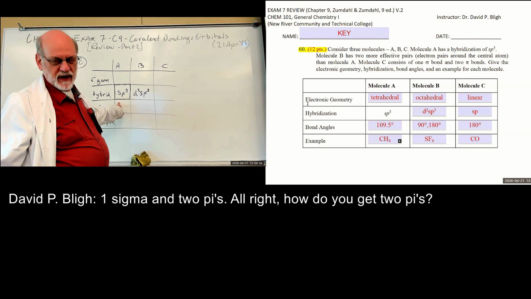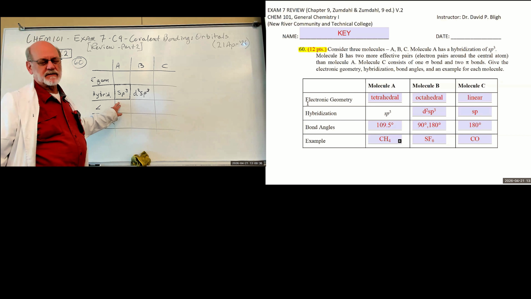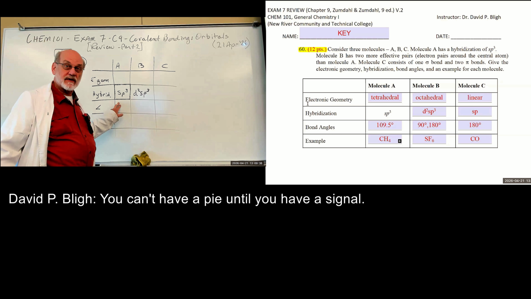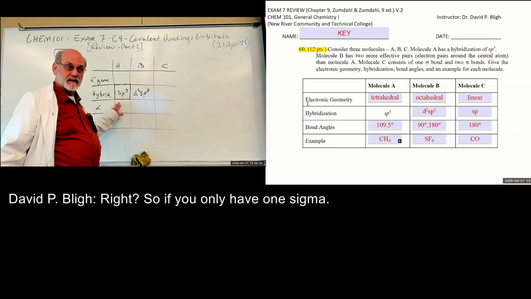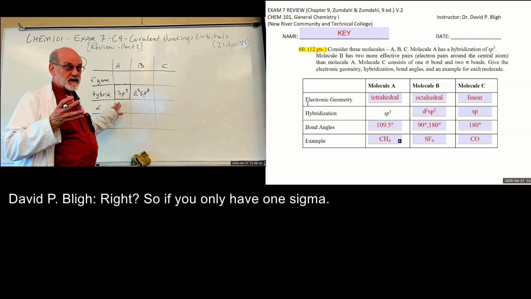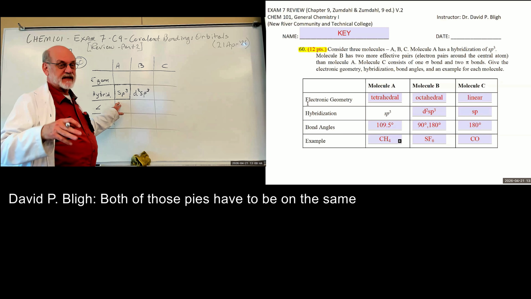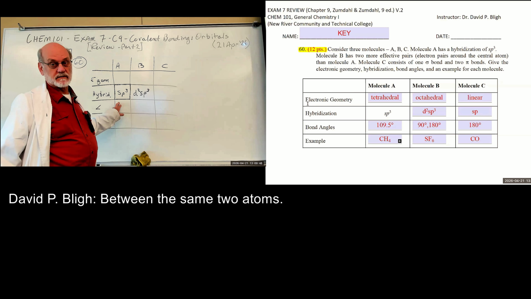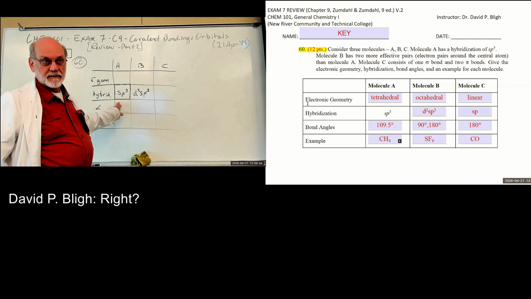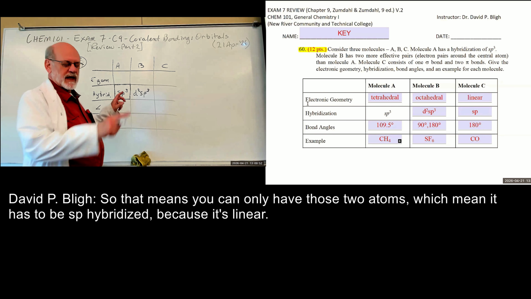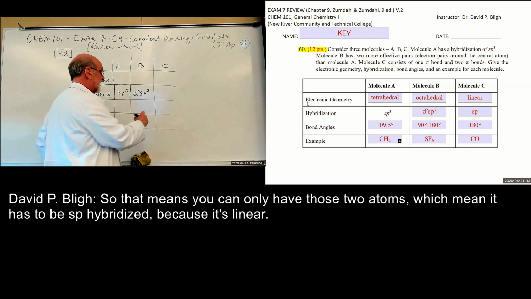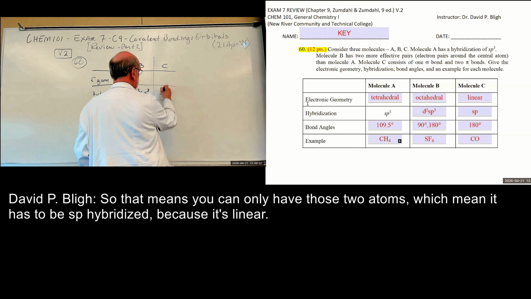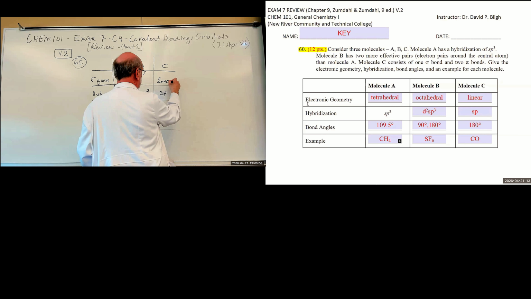How do you get two pi's? You can't have a pi until you have a sigma. So if you only have one sigma, both of those pi's have to be between the same two atoms, which means it has to be sp hybridized because it's linear.